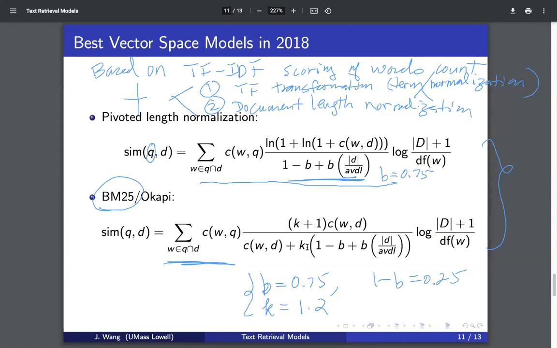The highest value will put D closer to Q. So if you want to return, let's say 10 documents, then you compute all of these and pick the top 10. You pick the 10 documents with the top 10 similarity scores with Q. That's how we return documents for this query. So this is text retrieval based on TF-IDF.